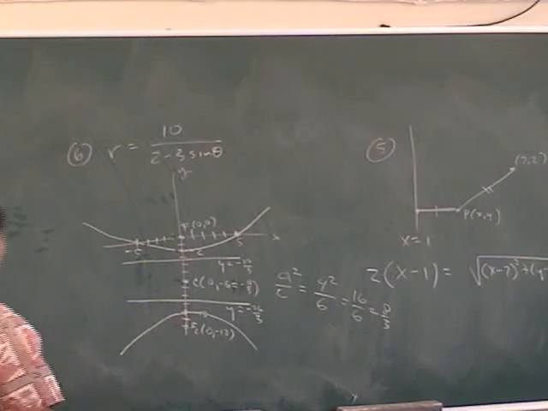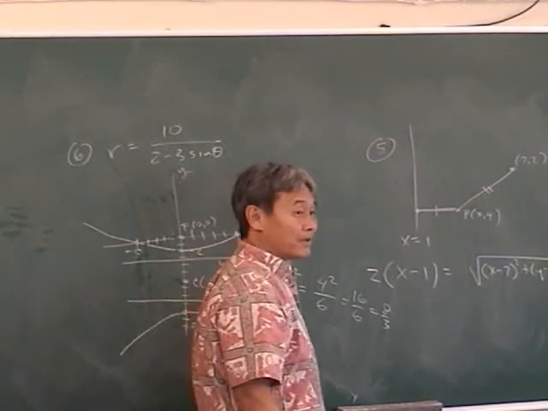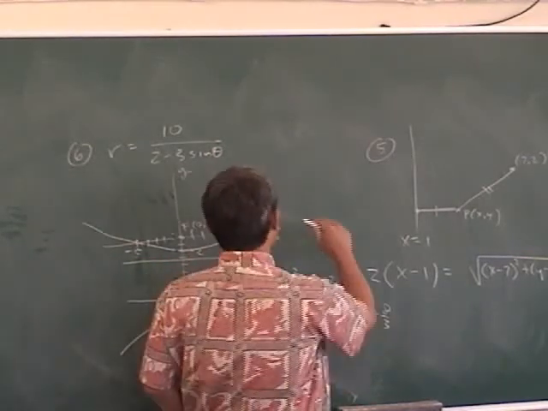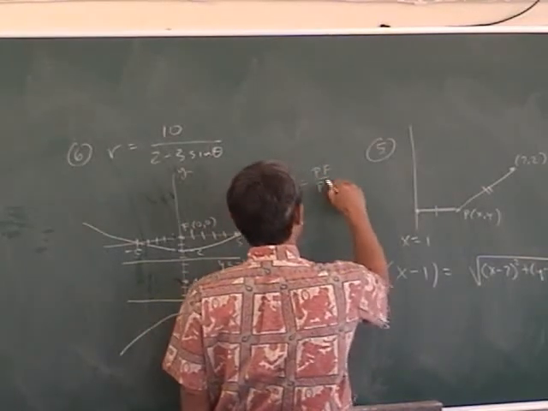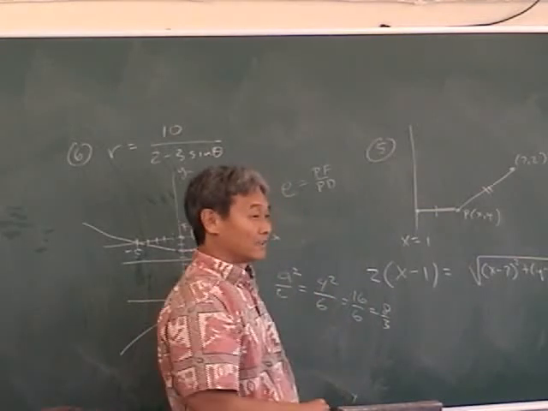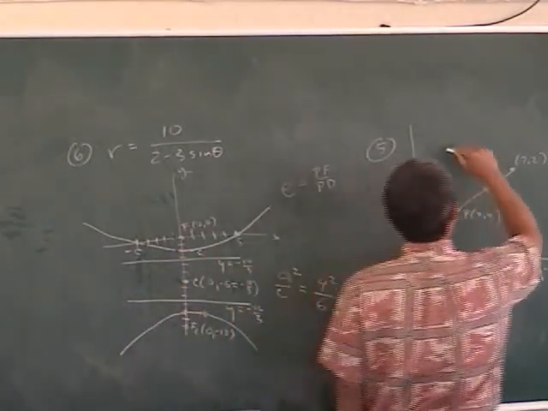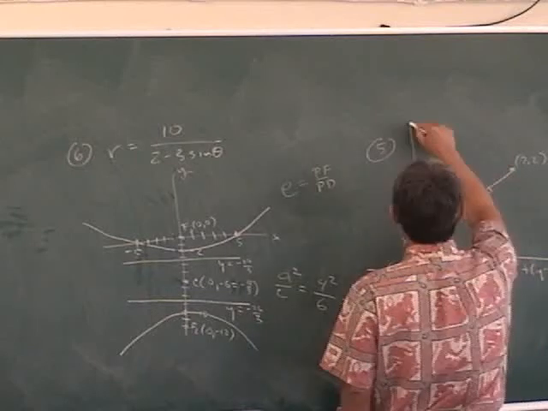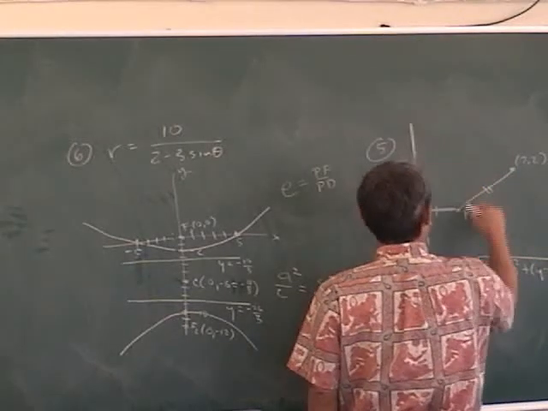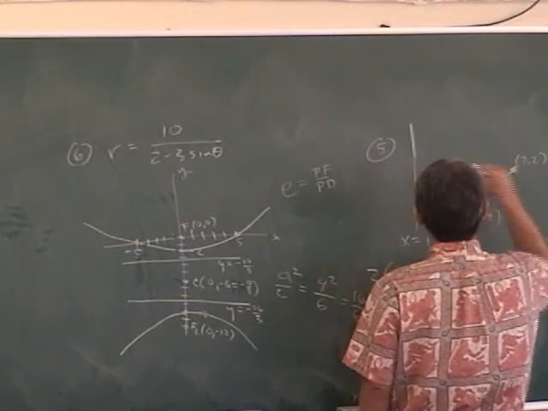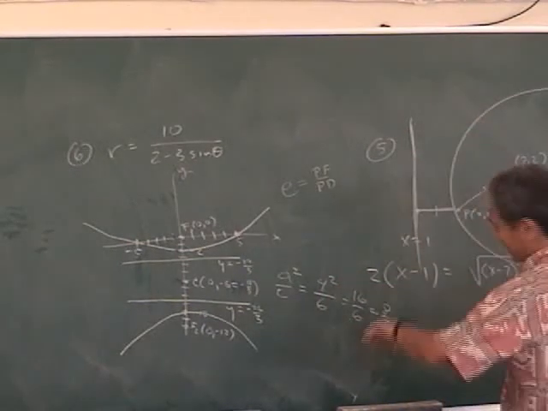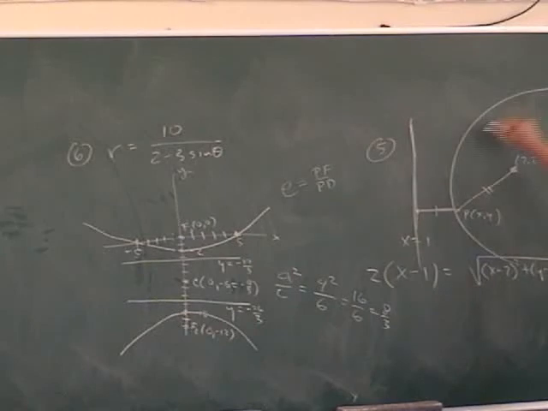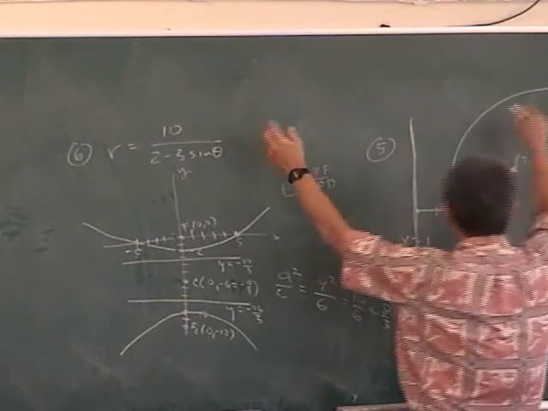Oh, whoa! Chanel just said, hey, I'm reading something on the notes here. It said something about eccentricity is equal to PF over PD. Yeah. So, look, here. Okay, this is a conic. Anytime you have a focus, where's the focus? Here's the focus. Here's the directrix. Okay, you have a conic section. Now, this could be a parabola, but it could be an ellipse, but it could be a hyperbola.